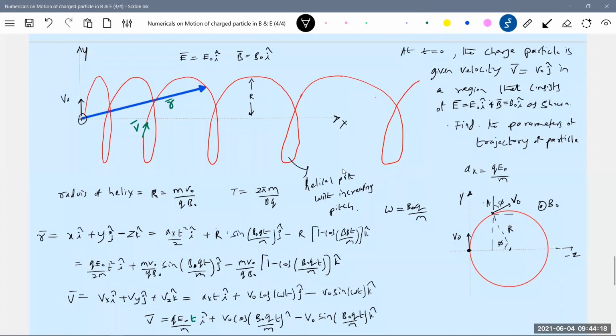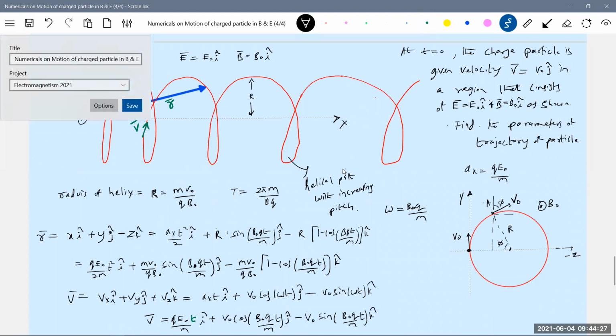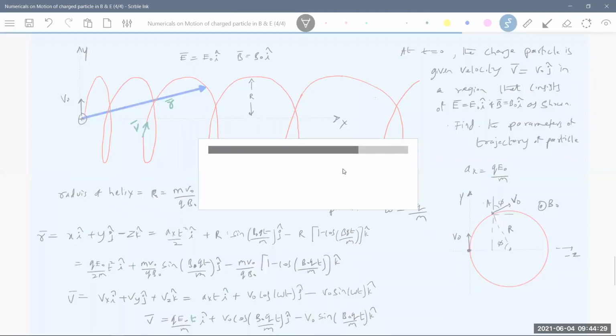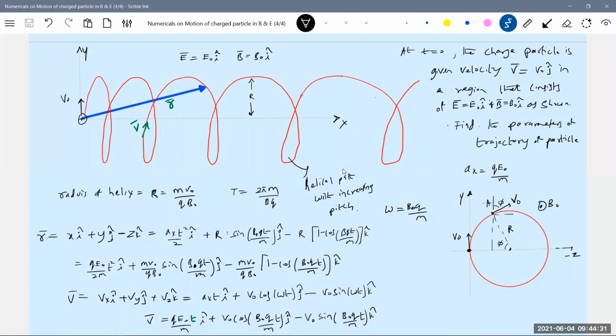Nobody's answering. You know electrostatics and you know now motion of charged particle also. You have to combine both to answer that. Speed of particle in fact increases with the time because of acceleration.